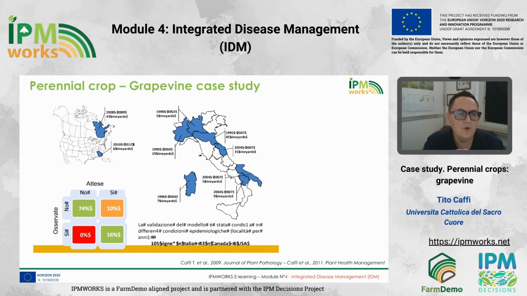So we have to go across vineyards, setting untreated plots where we check if the model is capable of reproducing, of simulating the reality. Our reality is the pathosystem, so we check if the model can simulate the occurring infection, particularly primary infection of downy mildew.